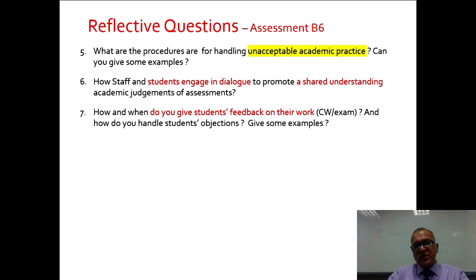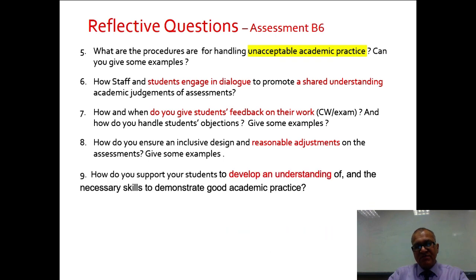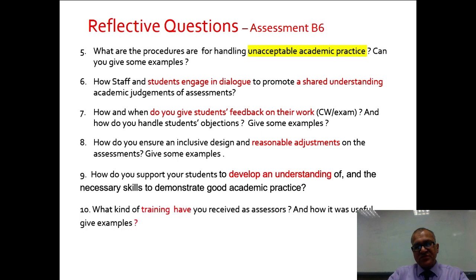How and when do you give students feedback on their work, and how do you handle students' objections? How do you ensure an inclusive design and reasonable adjustment to the assessments? Give examples. How do you support your students to develop an understanding of and necessary skills to demonstrate good academic practices?